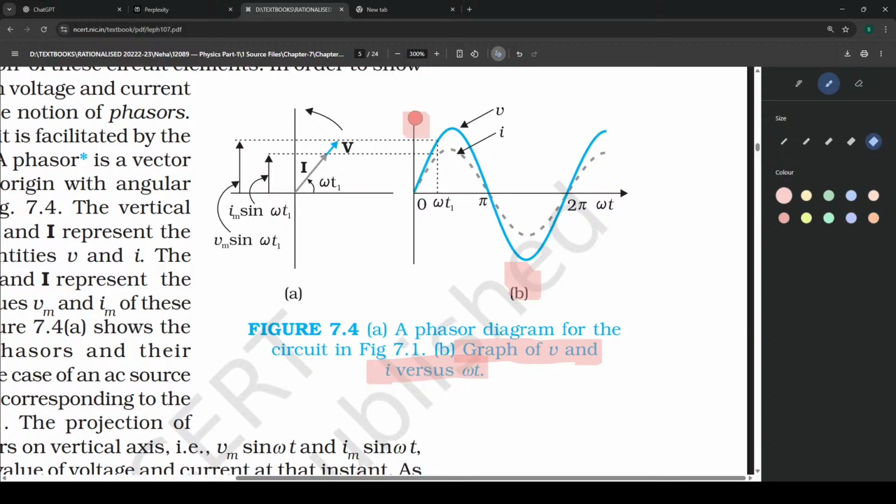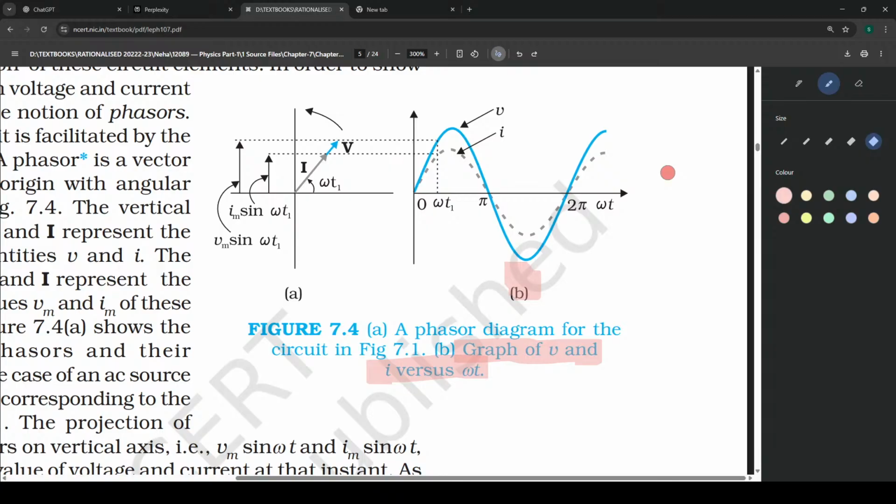This is basically a sine wave. This is one way of representing potential difference and current in an AC circuit.